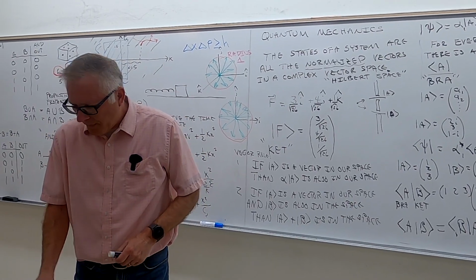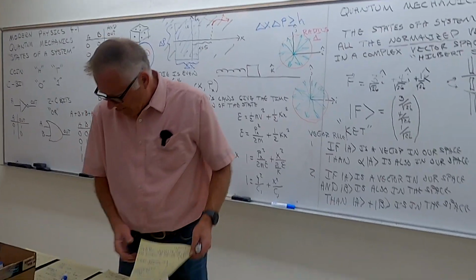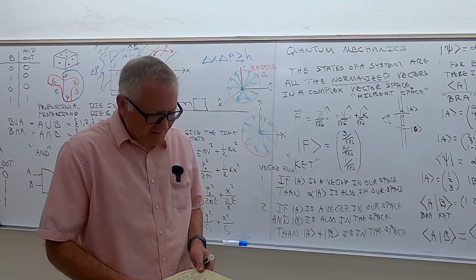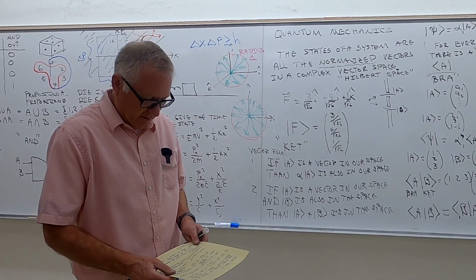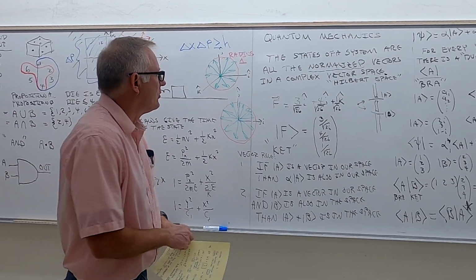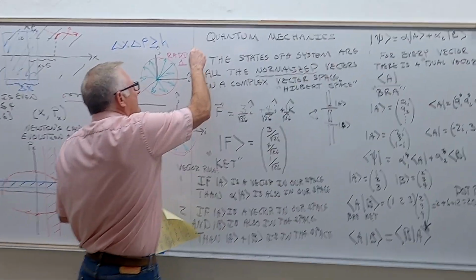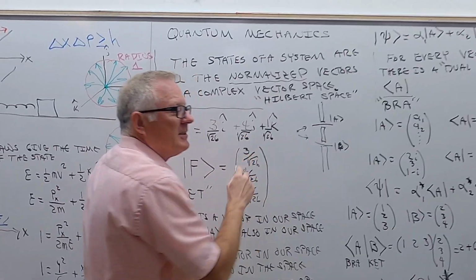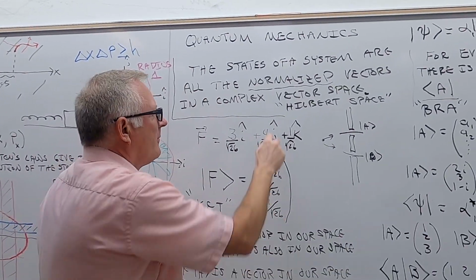So now we can come up with our second rule for quantum mechanics. Our first rule is right here. There's only going to be a handful of rules in quantum mechanics.